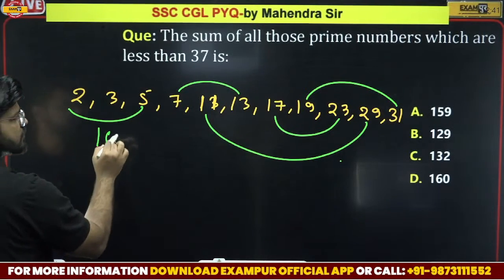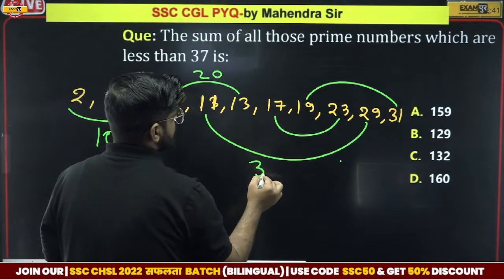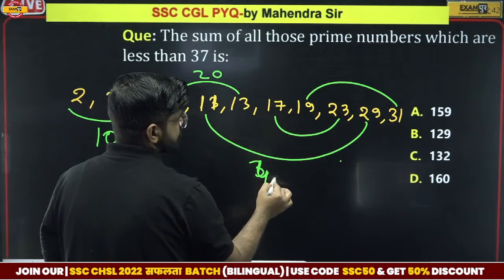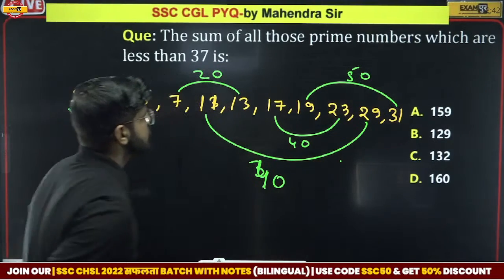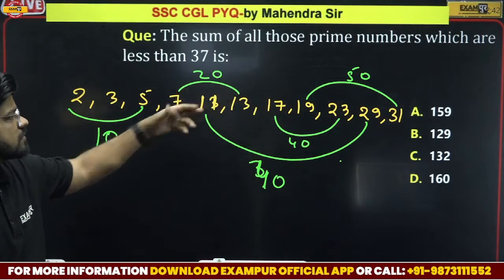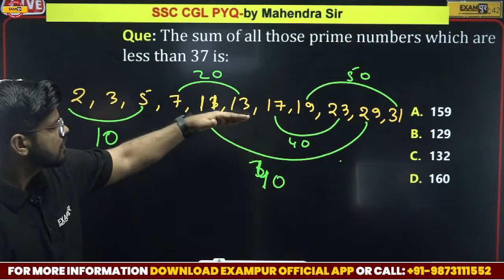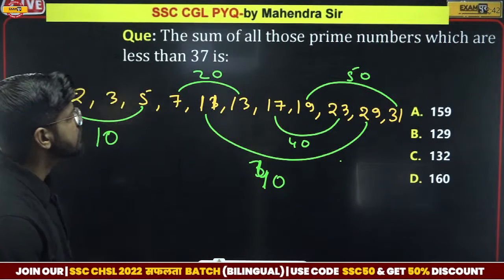So 10, 20, then 40, and 50. Simple. So 50 and 50, 100, 120, so 100, 120, it is 160.